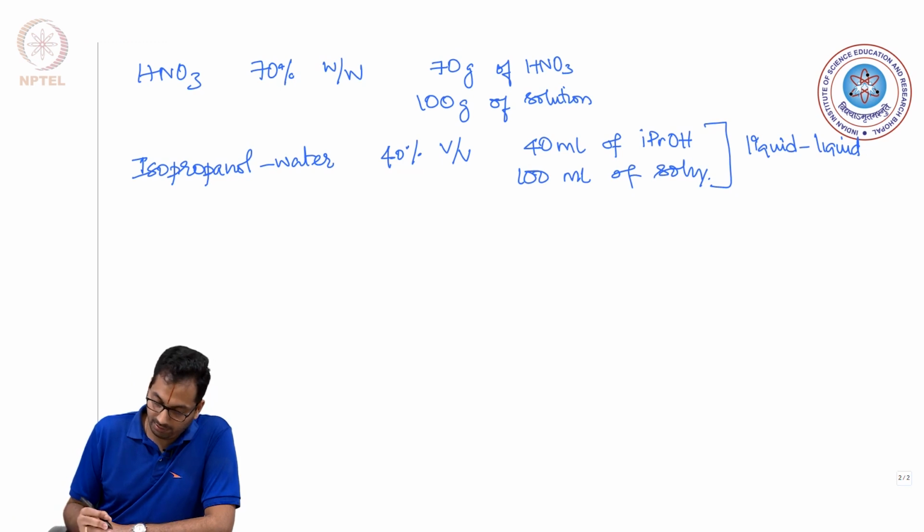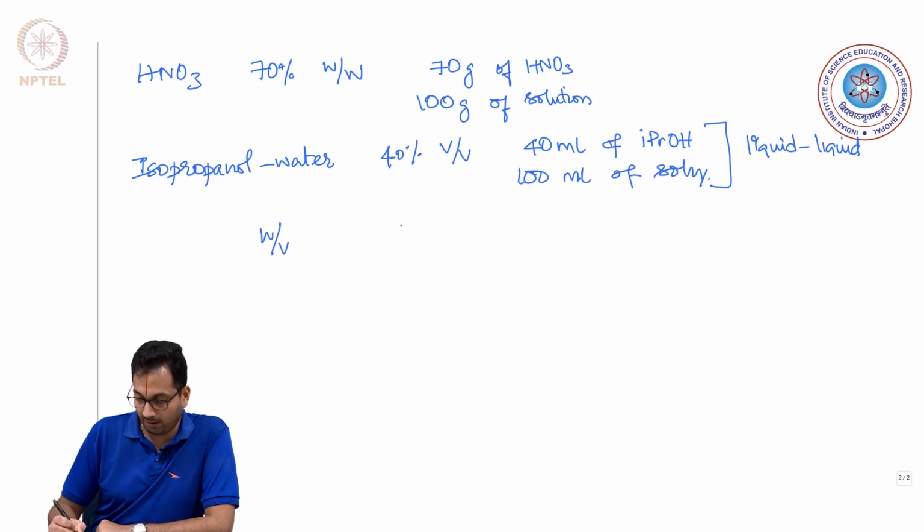On the other hand, if you want to take an example of weight by volume, a 9% solution weight by volume of NaOH is actually what is used in drips.